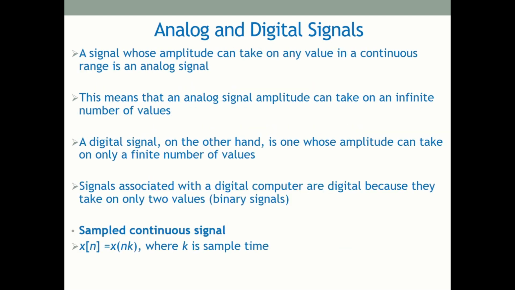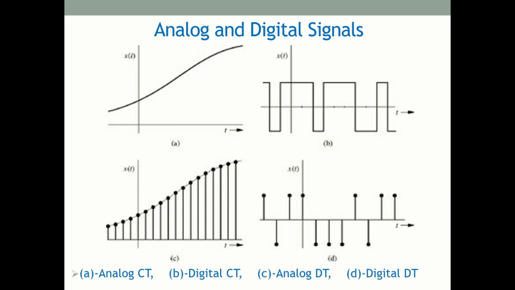Then we have further signal types that are based upon the amplitude, the y-axis. If we have an infinite number of points on the y-axis, then the signal is called an analog signal. If we have a finite number of levels on the y-axis, then that signal is called a digital signal.